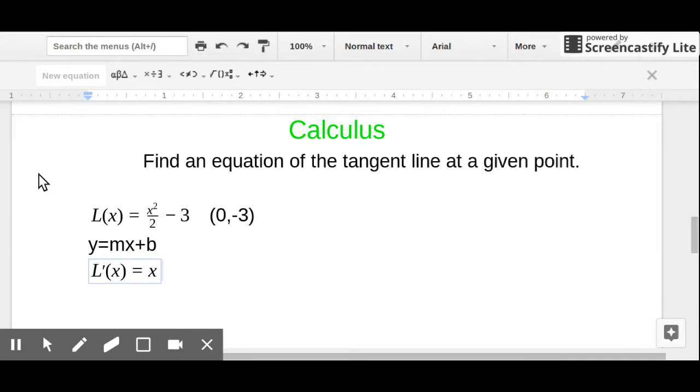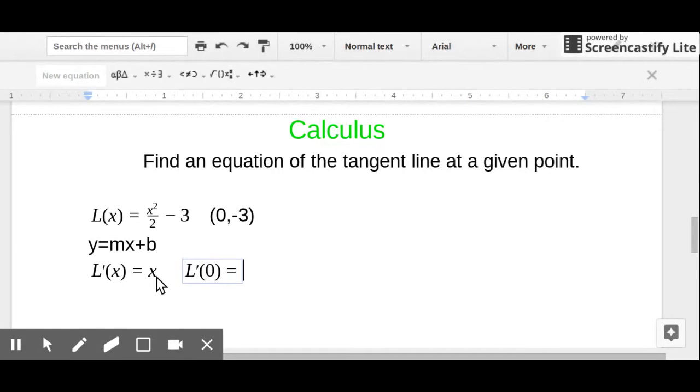There's a pattern that I'm not going to tell you, we'll talk about it in the next section, that you can just look at that and know what it is without going through the whole limit process. And the derivative of a constant is 0. I'll let you work that out. Now let's find that slope. So L prime of 0, we're plugging in our x value, 0.